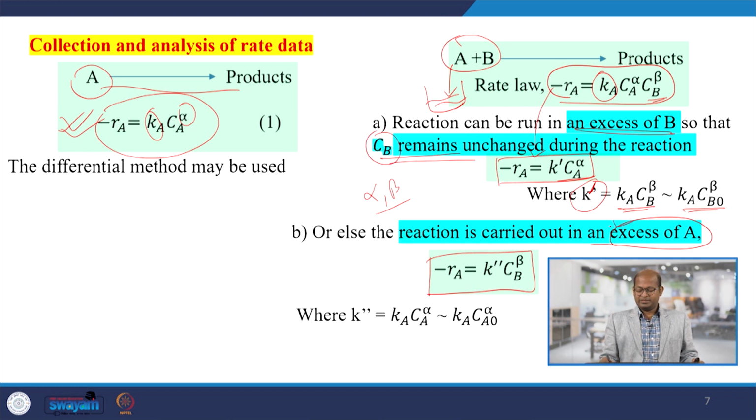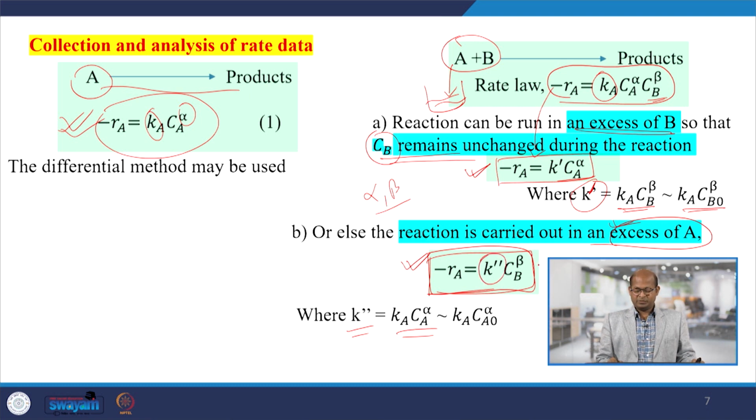If we take excess A instead, then similarly the rate equation in terms of the concentration of B we can write this way, with k double prime equals k_B C_A to the power alpha. This is the simplest way we are expressing the rate equation.